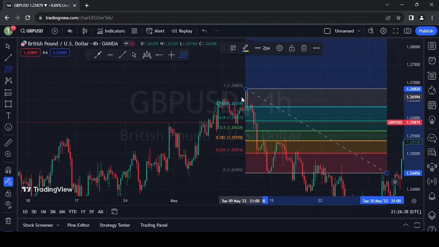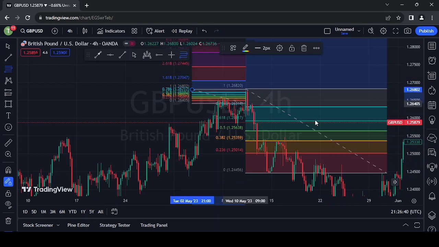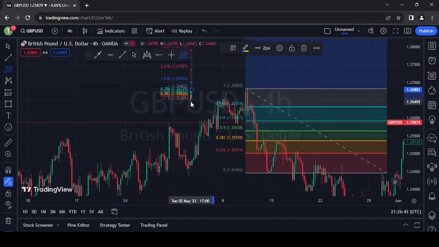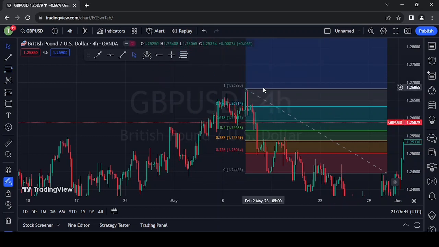Now that's beautiful. We can lock it, from the 100% to the 0%. Beautiful. Then price came back to the 38.2 before it continued lower.